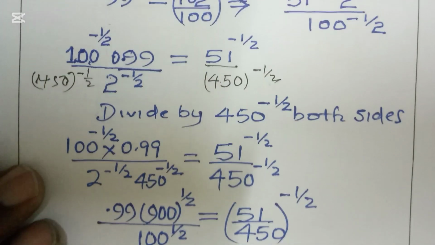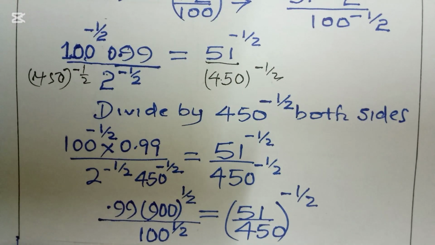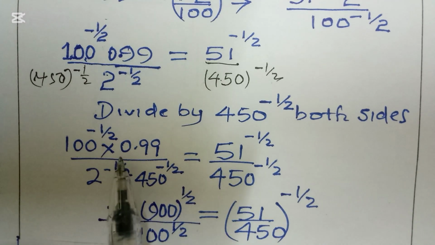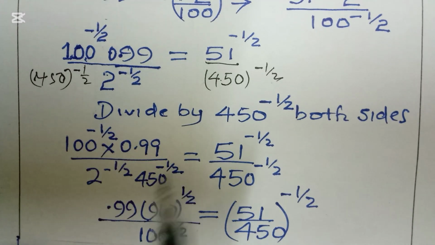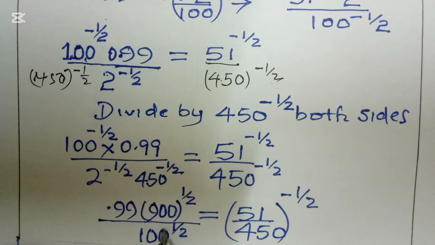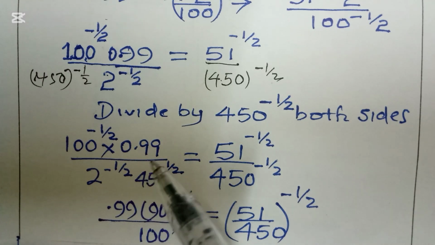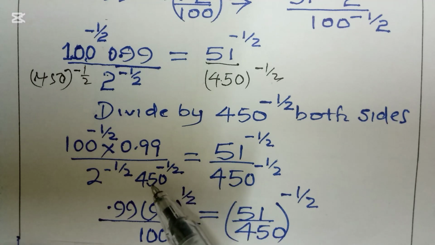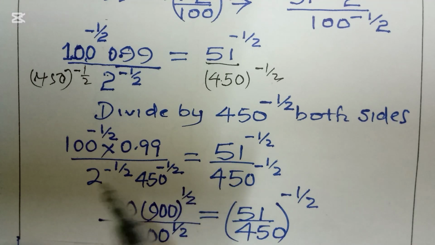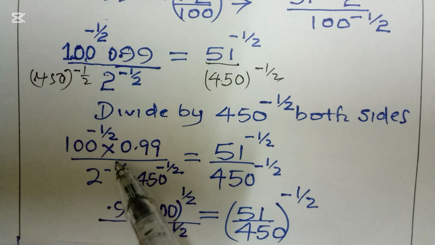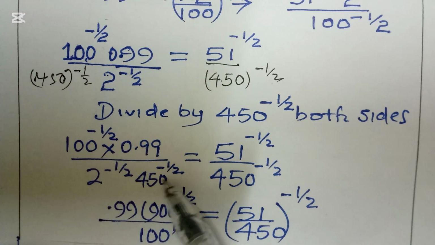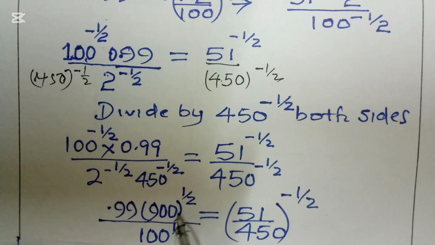Now you have divided, guys, you shall find that here you have 100. This is, of course, I have already explained that. So you come here, guys, and now you can put this 450. We can bring it up together with 2, only changing negative half to be a half. That is according to the indices. So that now, guys, we shall have 900 raised to a half.